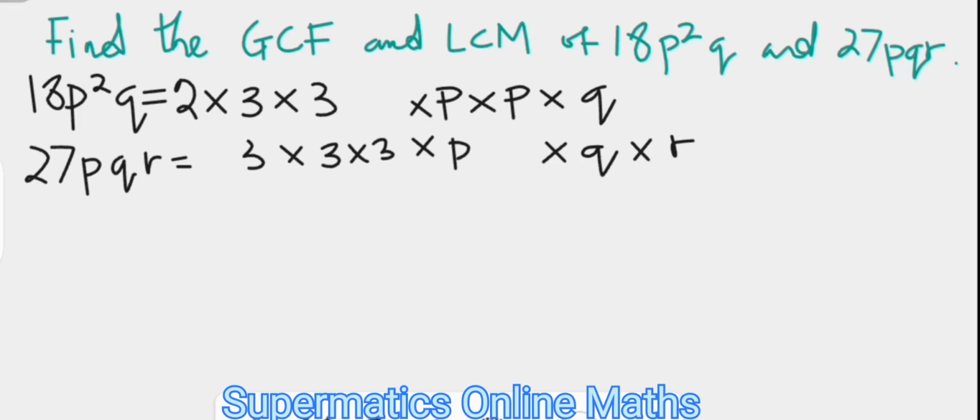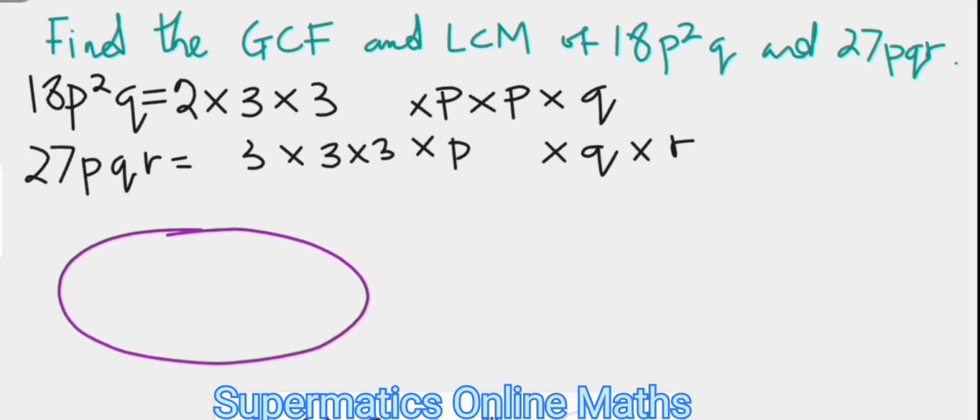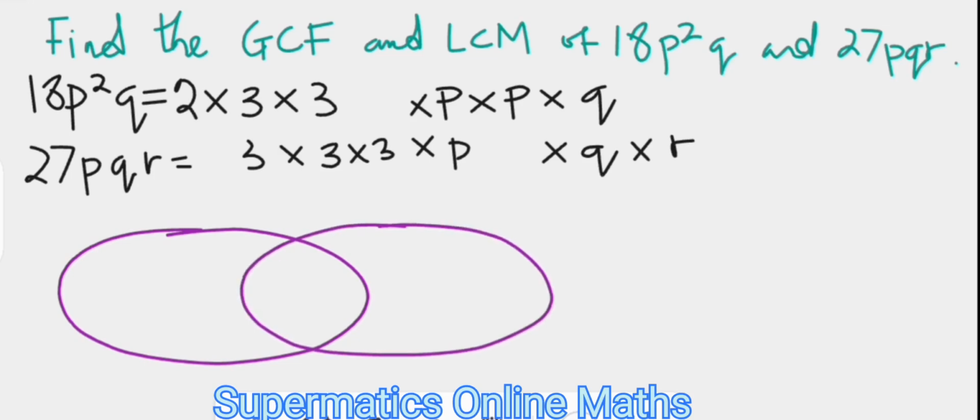Now, to find the GCF and the LCM, we'll be using the Venn diagram. The first oval shape goes for 18p squared q, while the other is for 27pqr.